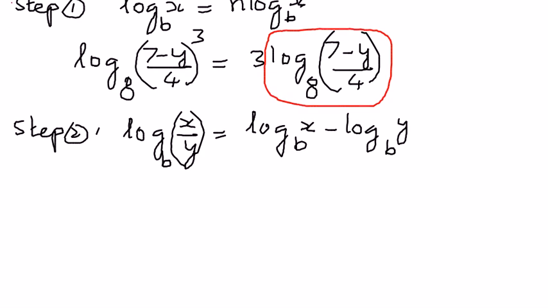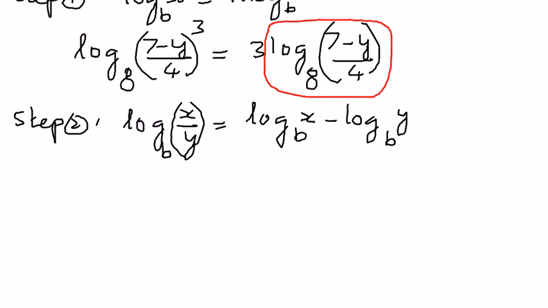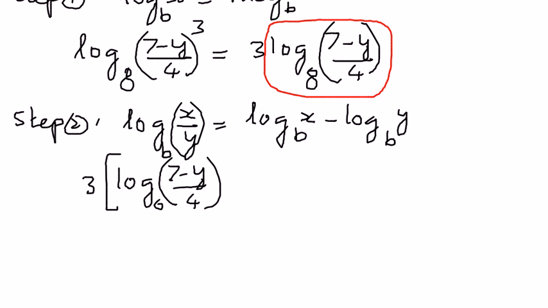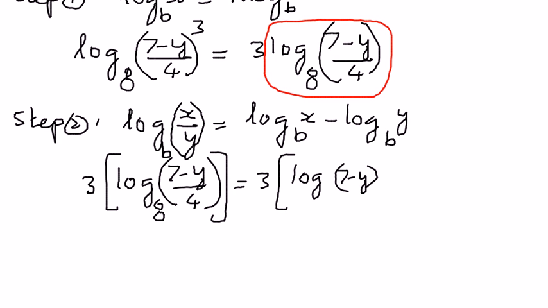So therefore we can come back and write 3 times log of (7 minus y) divided by 4 to the base 8 as equal to 3 times (log of 7 minus y to the base 8 minus log 4 to the base 8).